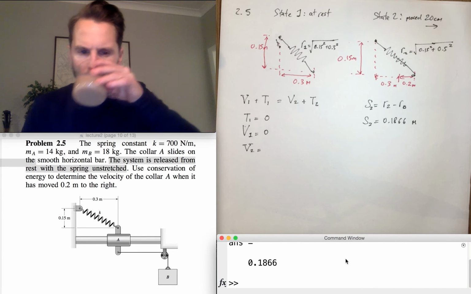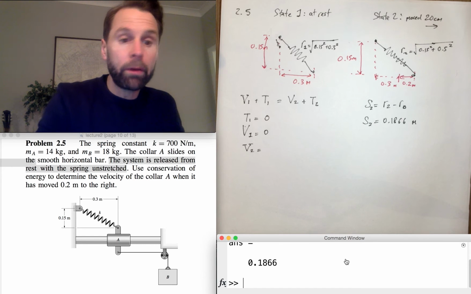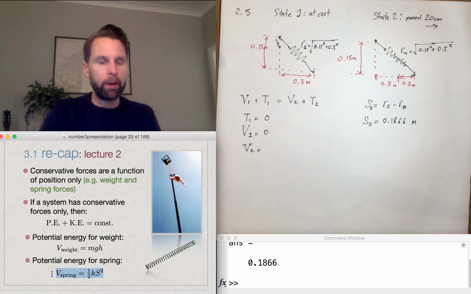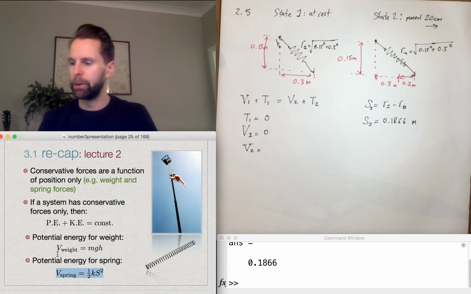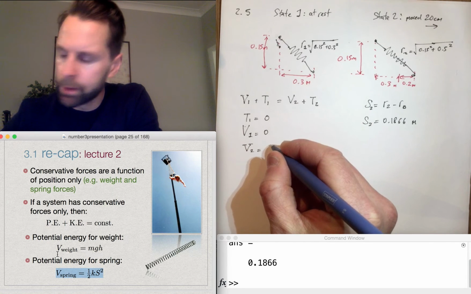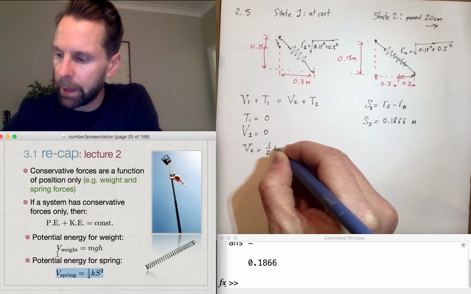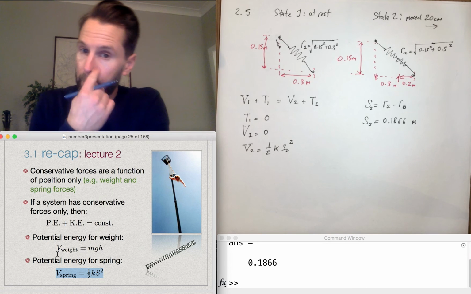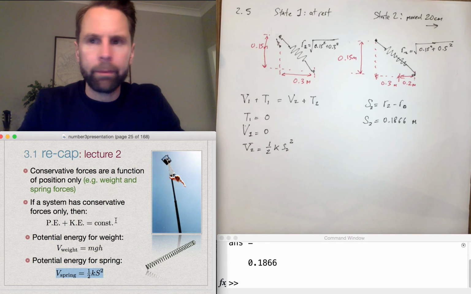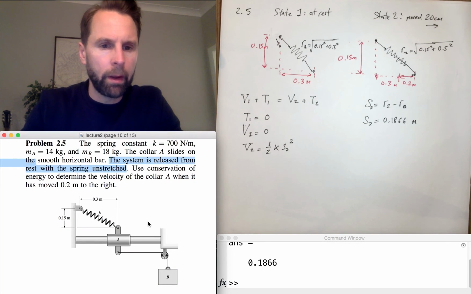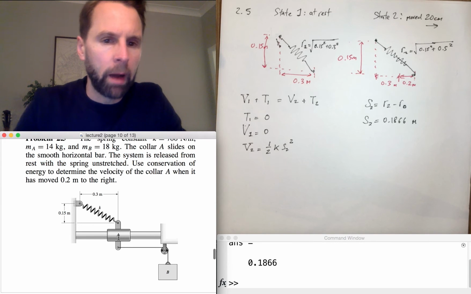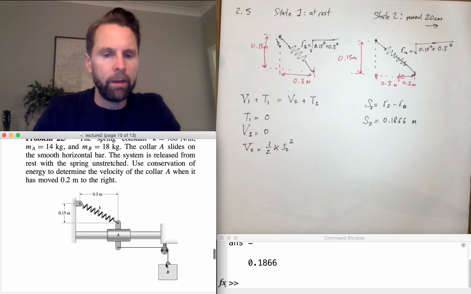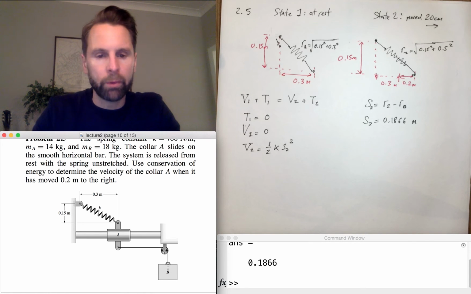So now we know the stretch, we can determine the potential energy in the spring from this expression, which we derived in lecture 2. So it's equal to half K S2 squared. But there's other potential energy in state 2, because in moving the collar from A 20 centimeters to the right, the mass here, mass B, is dropped 20 centimeters.